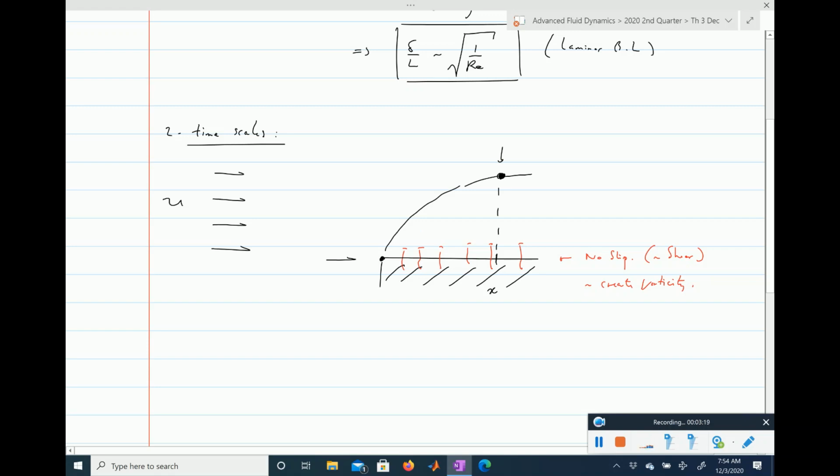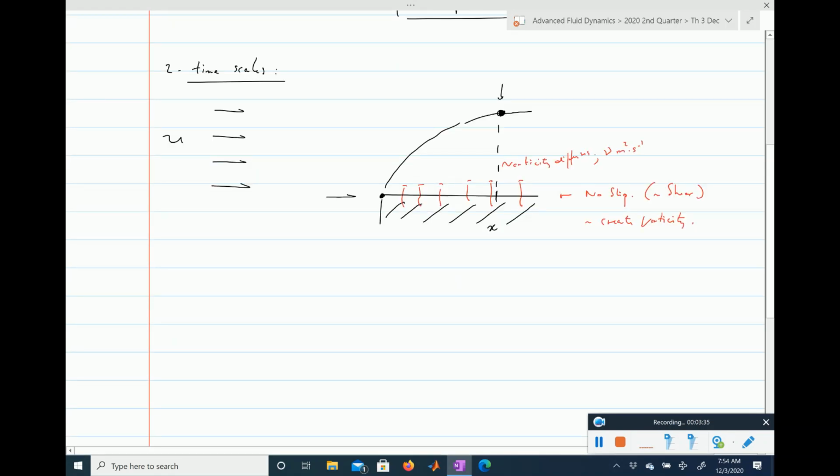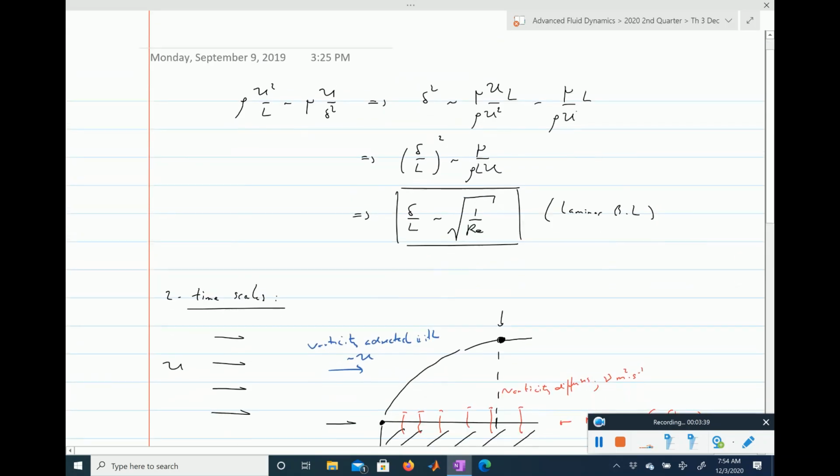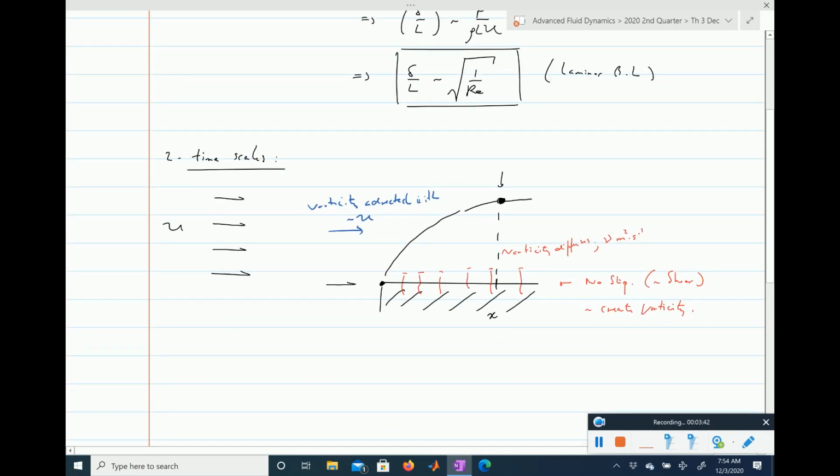And what happens next? Remember that vorticity is also transported, is also advected. So we have a uniform flow, in which all of the vorticity which is created here and starts to diffuse is then going to be advected downstream. So the vorticity is going to be advected with the velocity u.